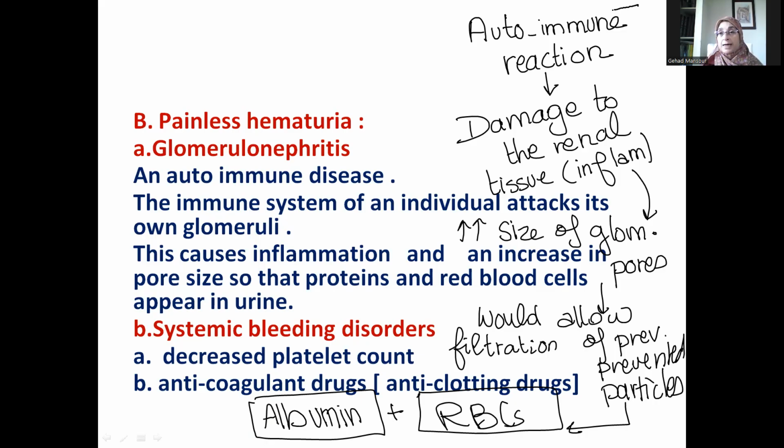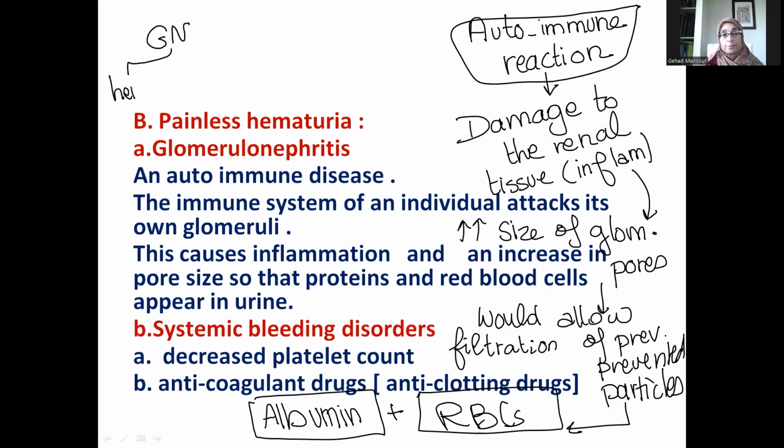So this is an answer to how does the autoimmune reaction cause hematuria and albuminuria. We have two main symptoms in glomerulonephritis.